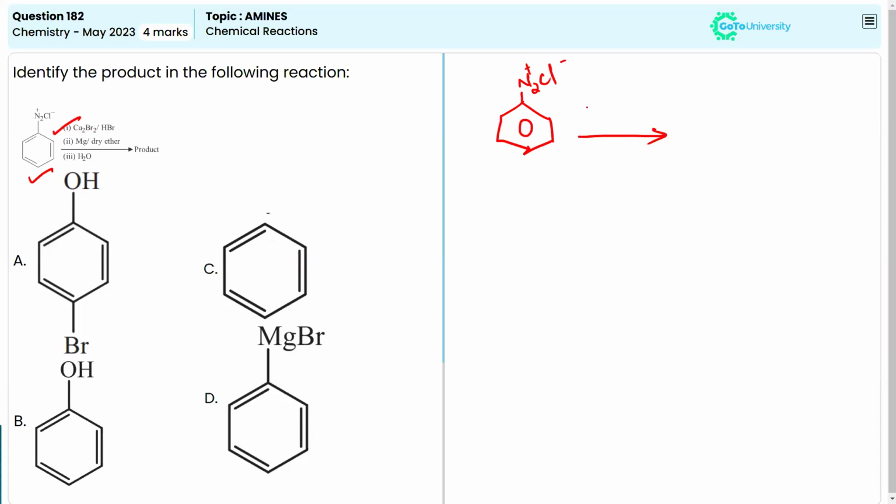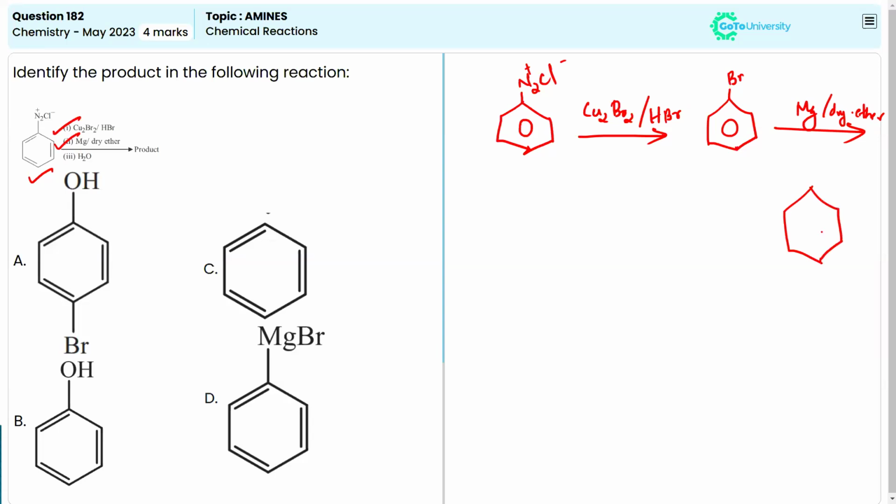So when this benzene diazonium chloride reacts with Cu2Br2/HBr, it is converted into bromobenzene. So this is the first step, right? The bromobenzene is produced with the first reactant. Now the second reactant is magnesium in dry ether medium. When this bromobenzene reacts with magnesium in dry ether medium, it produces a product in which the bromine is substituted by MgBr.